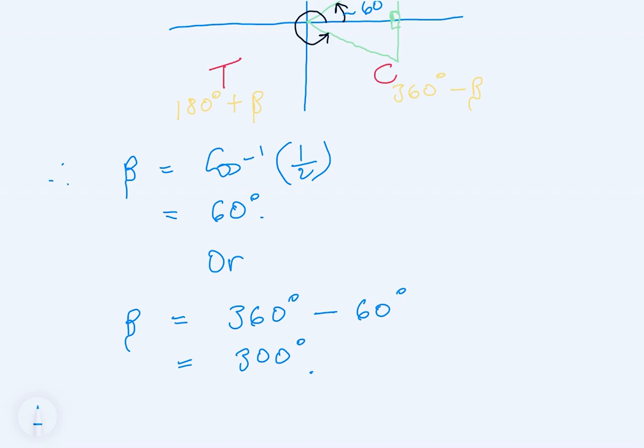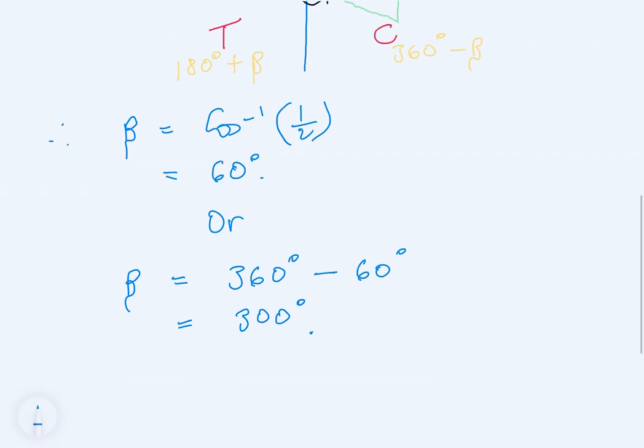That was basically the condition of our problem. Okay? So, meaning that we leave it here. We've got two solutions. We've got beta is equal to 60 degrees, and we've got beta is equal to 300 degrees. Okay? So these are our two solutions.